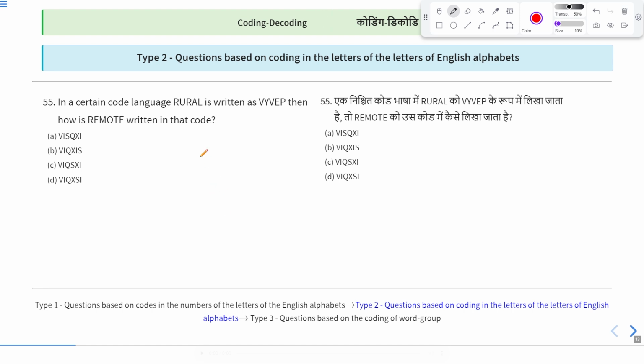So next we have the word REMOTE. Applying a plus 4 here, R becomes V, E will become I, M will become Q, O will become S, T will become X, E will become I again.